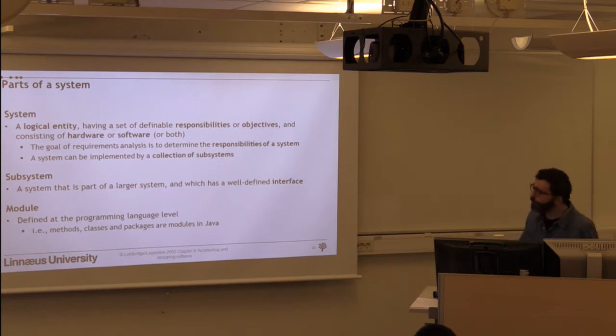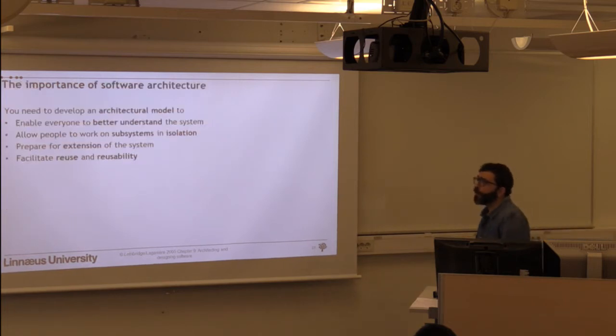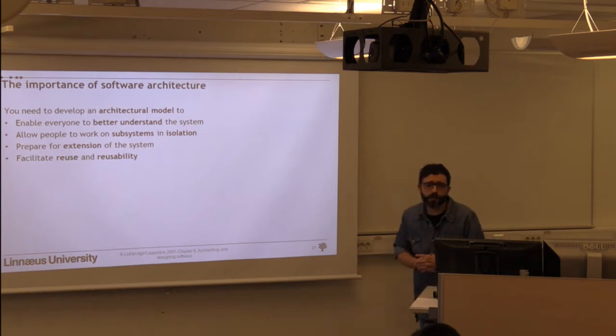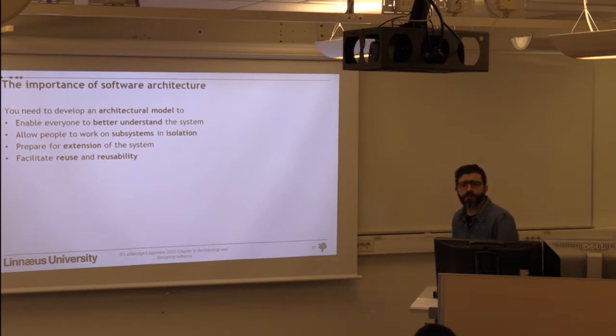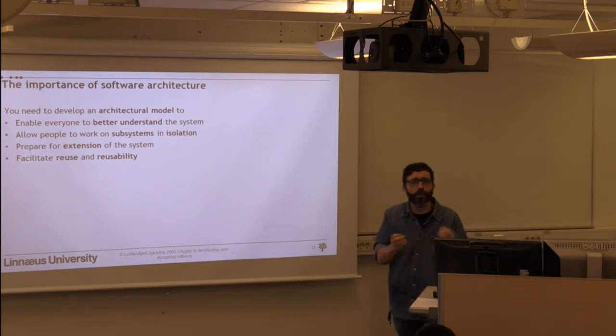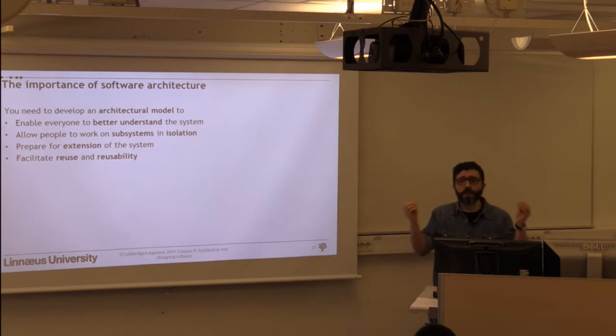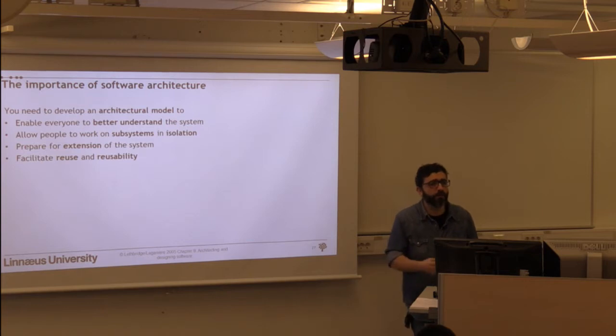So, how to implement an architecture? We need this architecture because we want to understand the system. If we are able to split the big system into subsystems, it's much easier to understand.